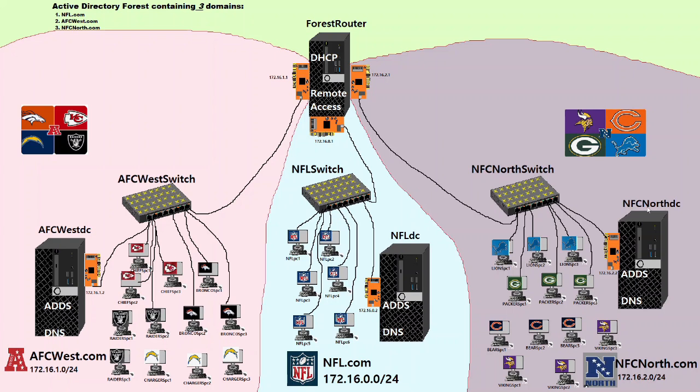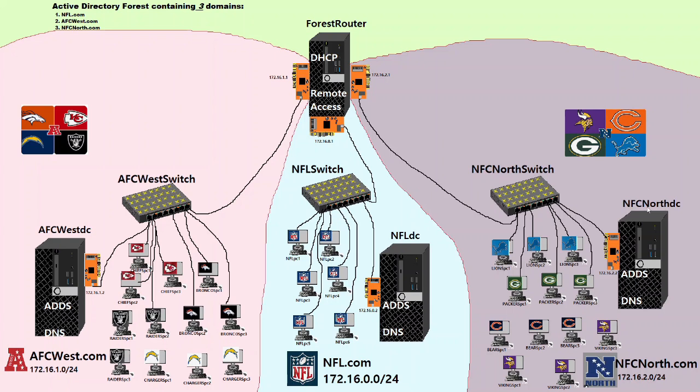And as you can see, you have the forest router at the top. That's not a domain controller. There are 3 domain controllers, each one in a network. So NFL.com has the NFL DC domain controller. AFCWest.com has AFC West DC. And NFCNorth.com has NFC North DC.